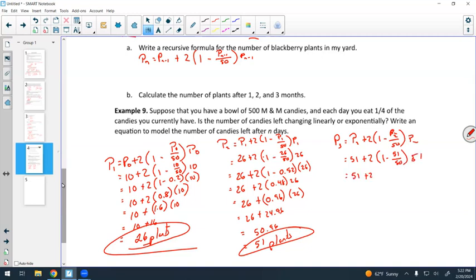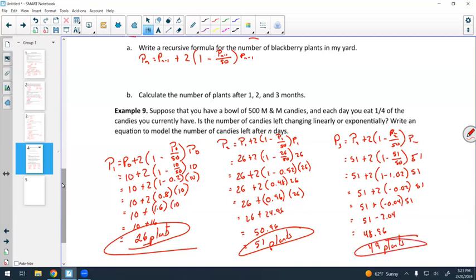And 51 plus 2 times (1 minus 1.02) times 51, 51 plus 2 times negative 0.02 times 51, 51 plus negative 0.04 times 51 gives me 51 minus 2.04, or 48.96, which we would round to 49 plants. So 2 of my plants died off.